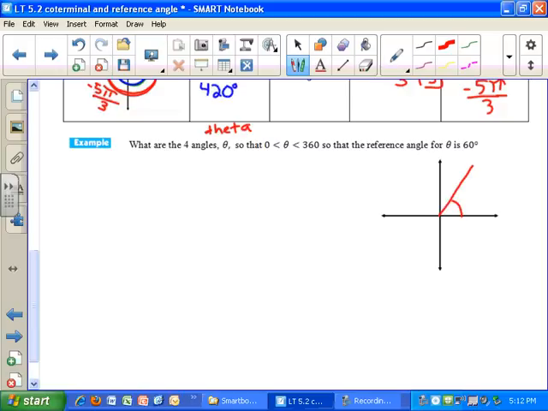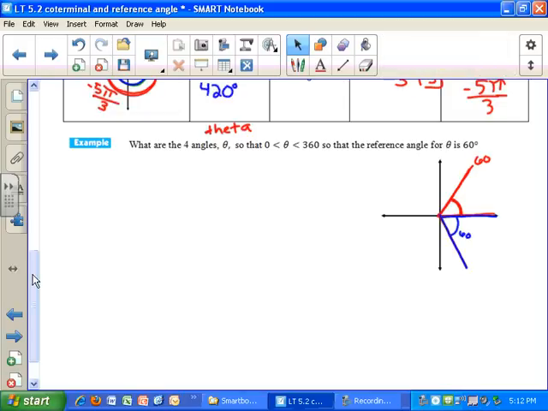So we already know that one reference angle would be as if it's itself. So if this angle is 60 degrees, then that reference angle formed by the terminal side and the x-axis would be 60 degrees. Okay. We could also have it be drawn down here so that the angle formed by this terminal side and this x-axis would also be 60 degrees.